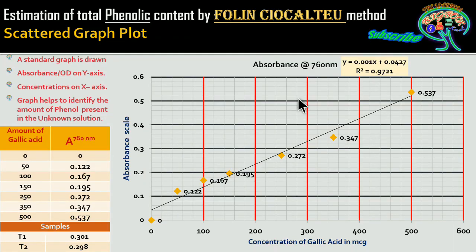Well, in this slide you can see that the absorbance scale is dependent on the concentration of the compound. Here you can see the desired volumes which have been subjected in the instrument, that is the spectrophotometer, has given the values indirectly under certain parameters.